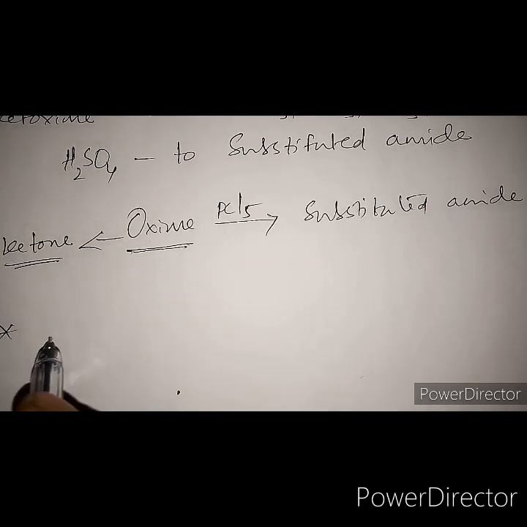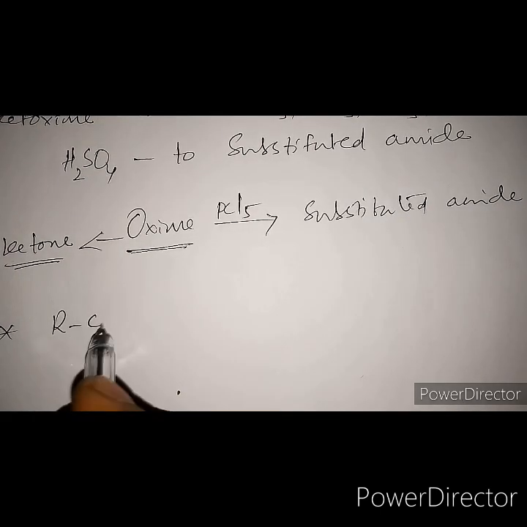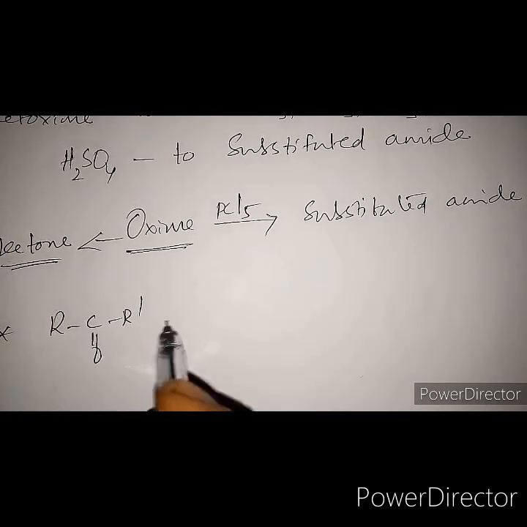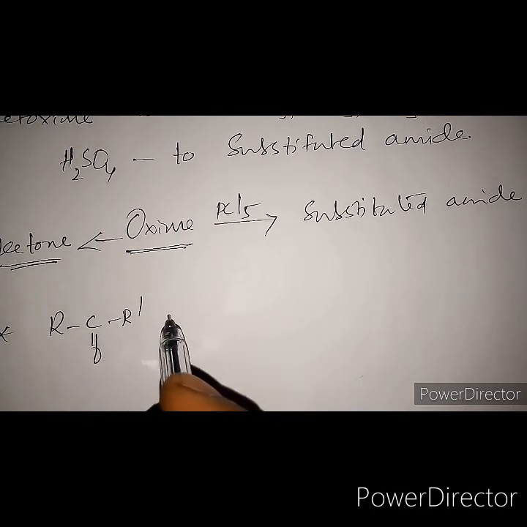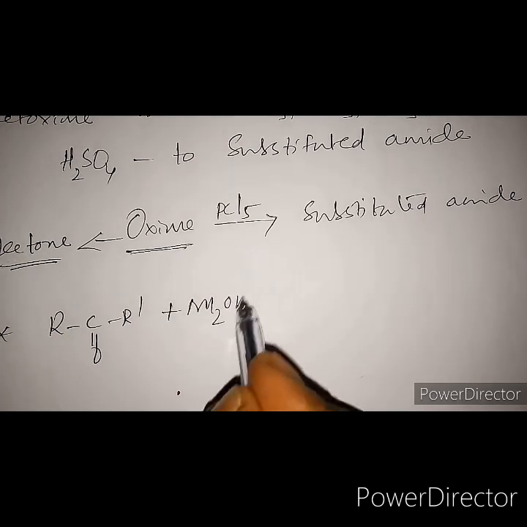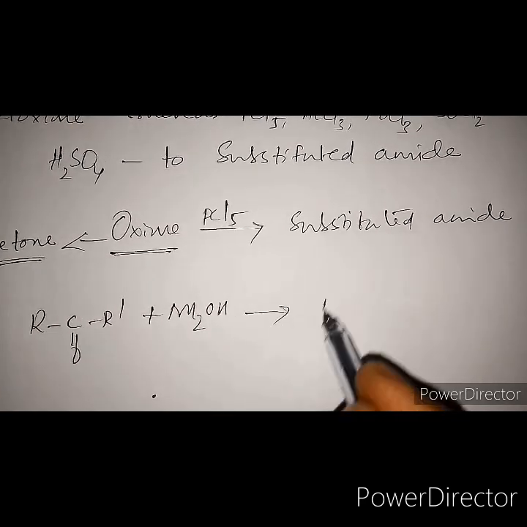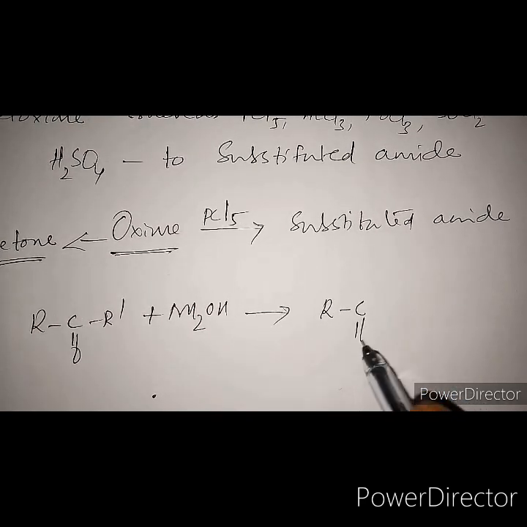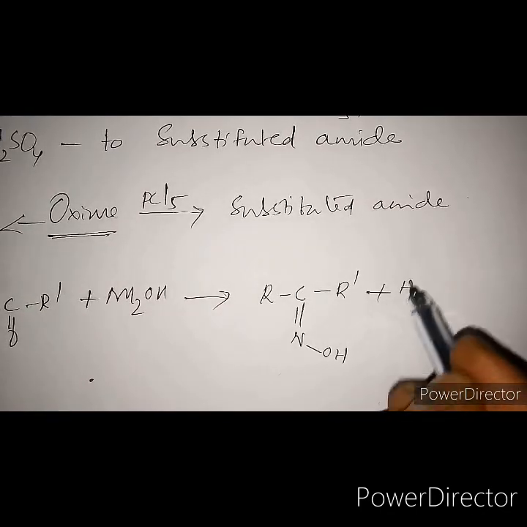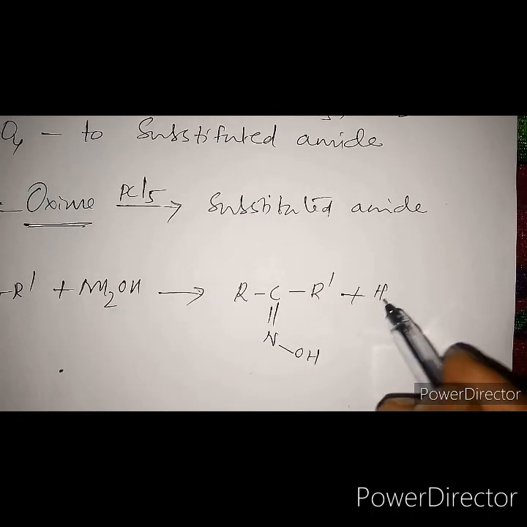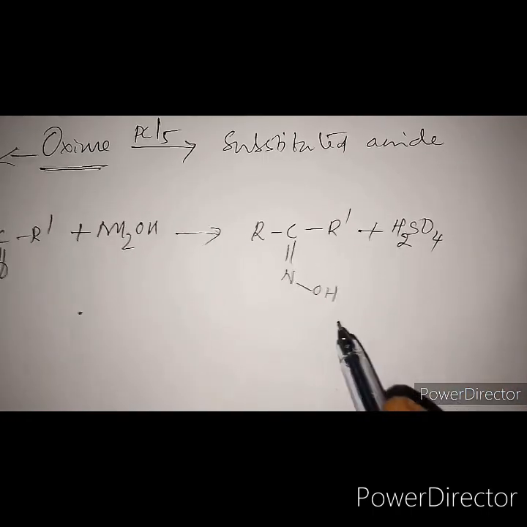You can take an example: RCOR'. First the ketone we need to convert into an oxime by using hydroxylamine, and this will give you RC=NOH R'. After that we need to use any Lewis acid catalyst, sulfuric acid.